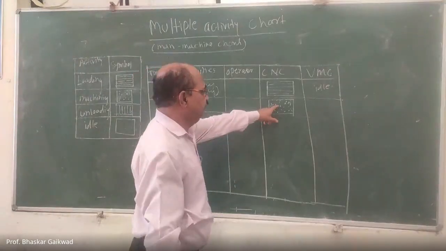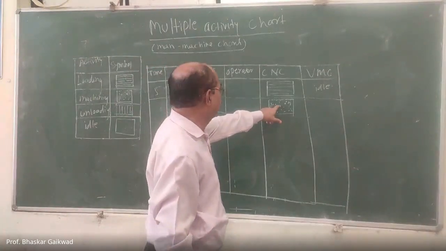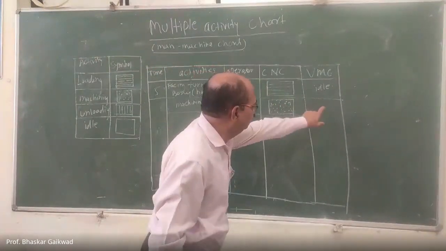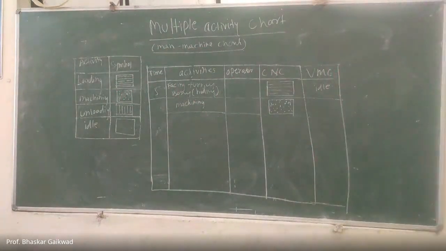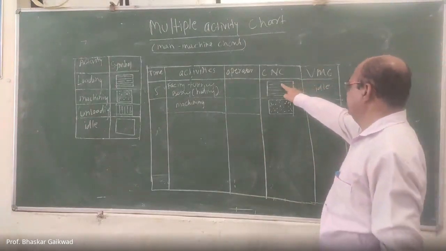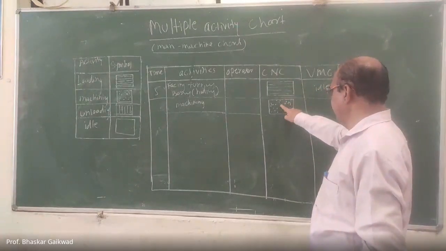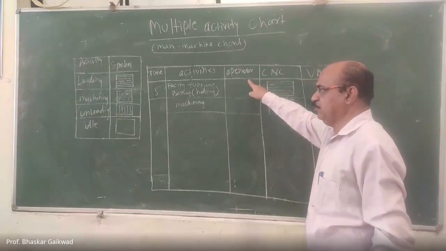Once the machining is going on at this time, this operator will do the work here. Loading will be there on the VMC because already one job is over. So at these times, if the first machining is going on, then we can go for loading on the VMC.